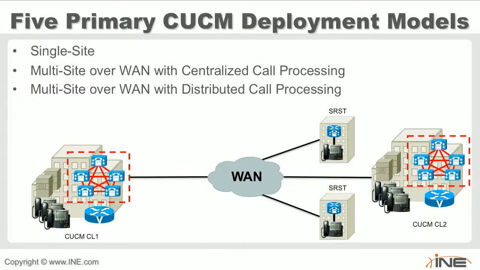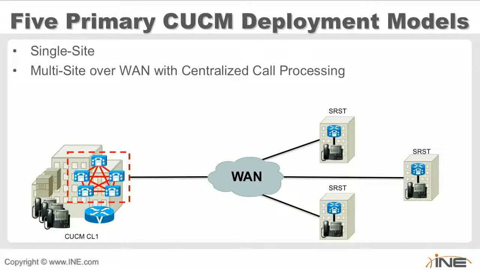Let me just go back to my illustration of a multi-site with centralized call processing. If reliability and resiliency are of utmost importance to you or your client, and they're willing to pay the cost for that, then we can certainly have multiple, probably 2 routers here, or voice gateways that are both running the same configuration, and there really isn't rsync or anything built in, so you would need to keep those configurations in sync.